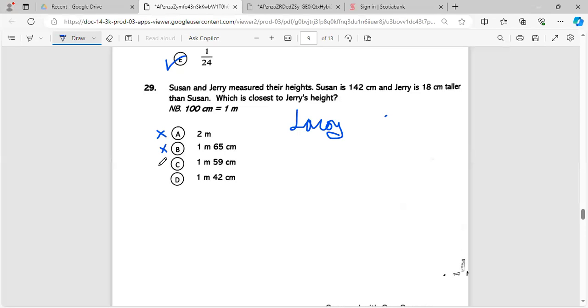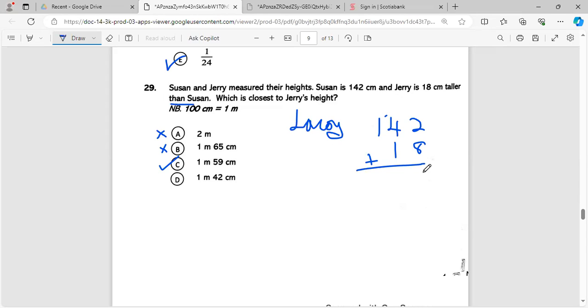All right, but someone might be wondering, how did you get 160? You didn't tell us that. I told them that I add 142 plus 18. Okay, very good. Since Jerry is 18 centimeters taller, that means you add 18 to get Jerry's height.